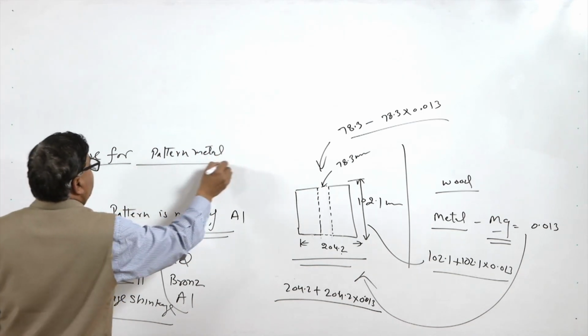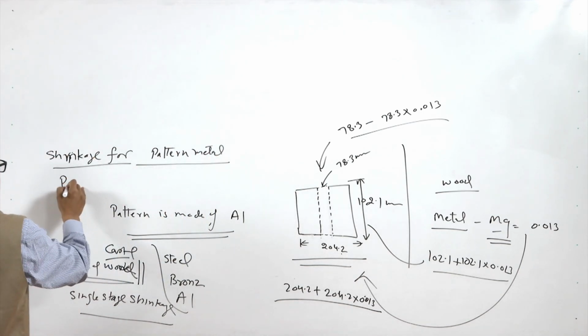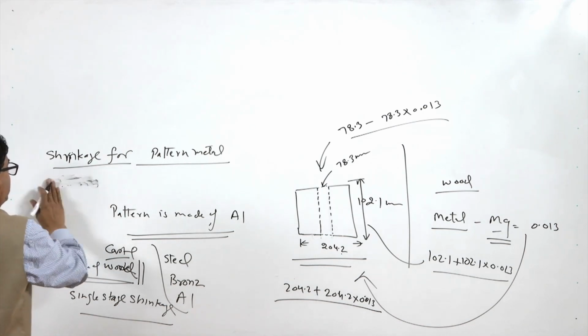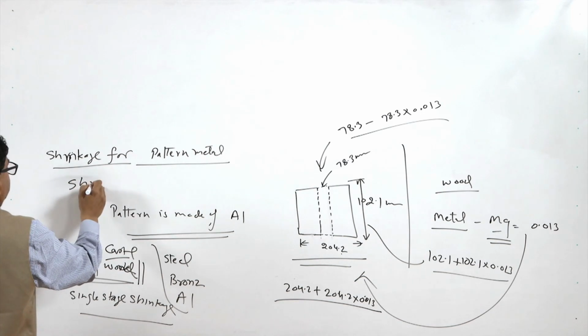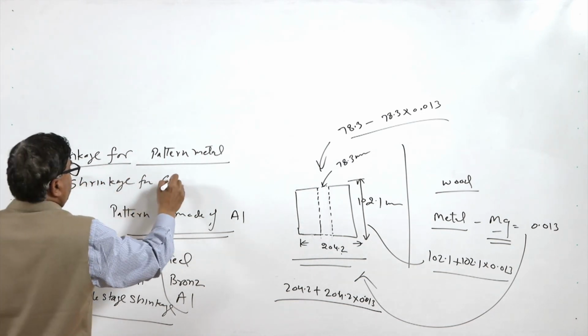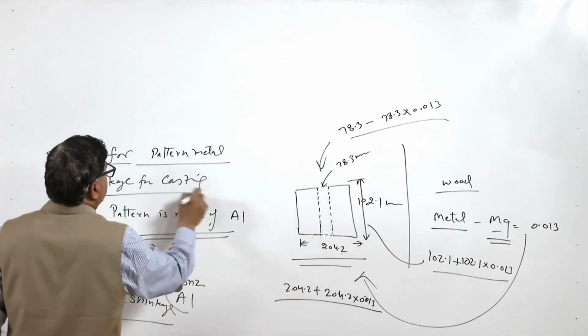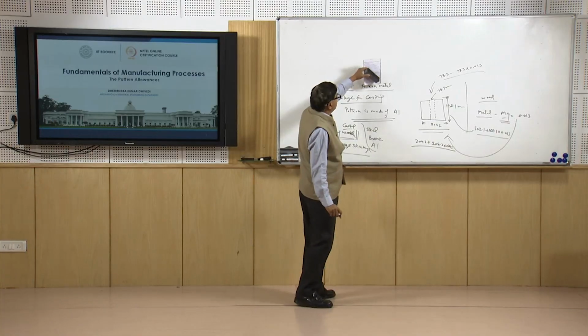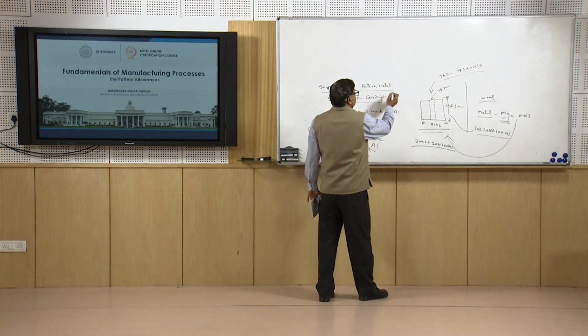and once the pattern is ready, then the second allowance is given for the shrinkage for the casting. So, basically two stage shrinkages need to be given according to the type of metal the shrinkage is considered.